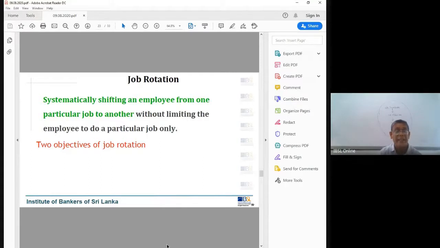One, to expose different experiences, and two, to develop multi-skills.